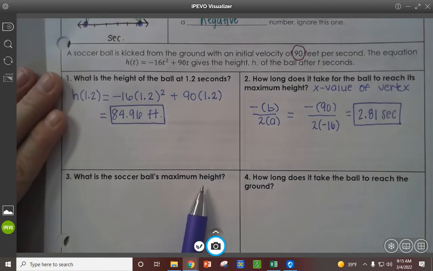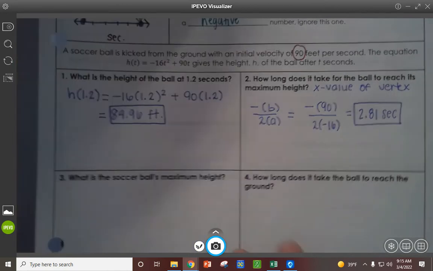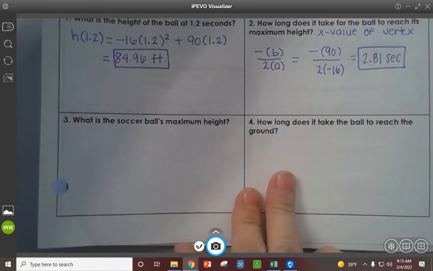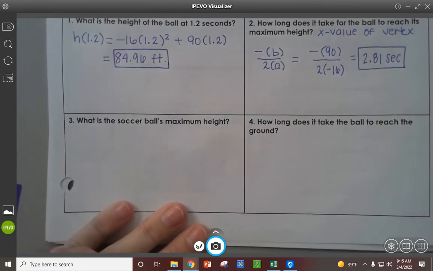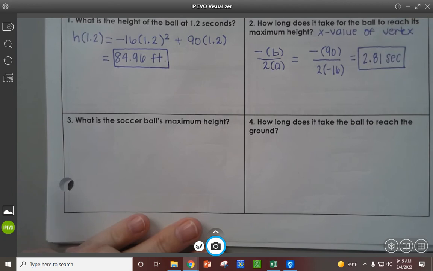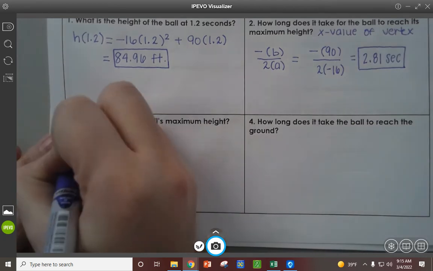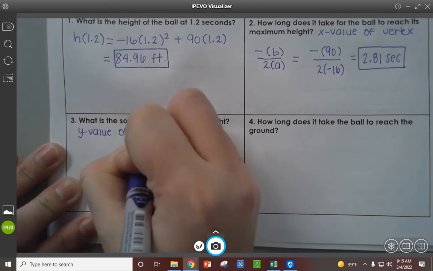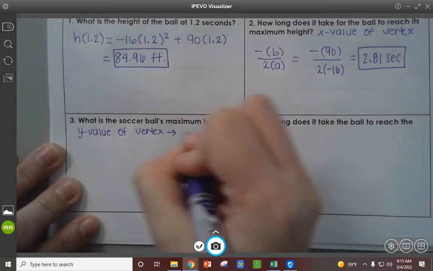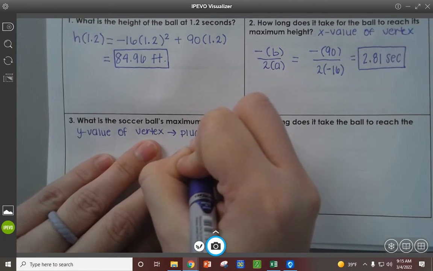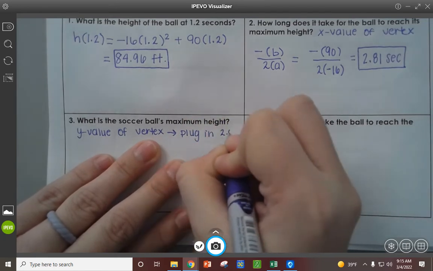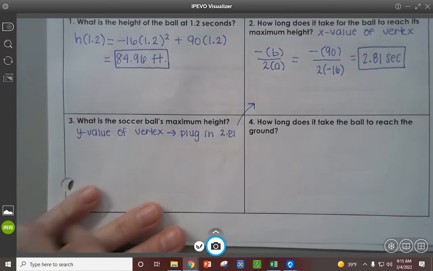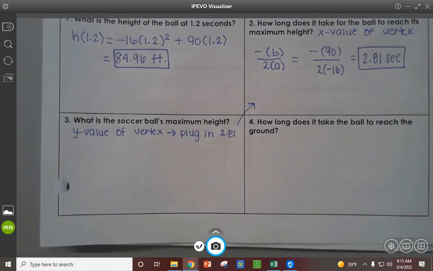What is the soccer ball's maximum height? So what is the maximum height? What am I finding? The y value of the vertex. So we have to plug in 2.81 from the problem up there. So when you find the x value, you plug that number back in to get the y value of the vertex.